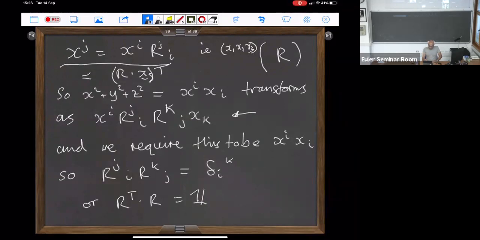And so we require that this quantity here is equal to the thing we started with, which is the sum of squares.